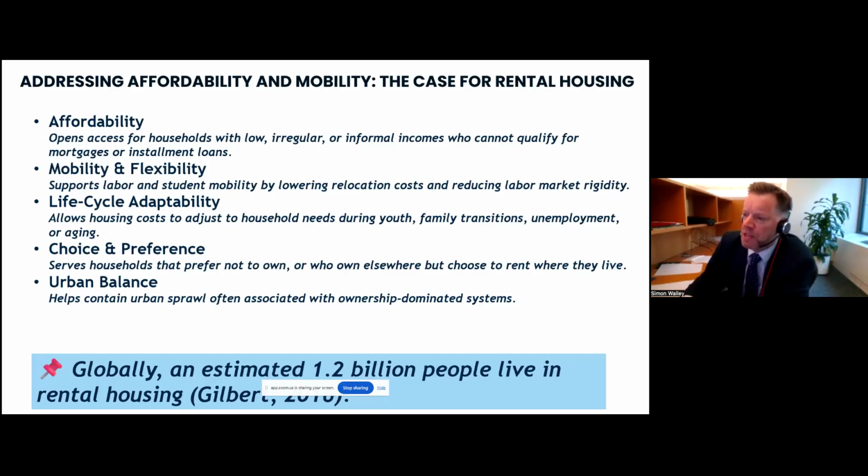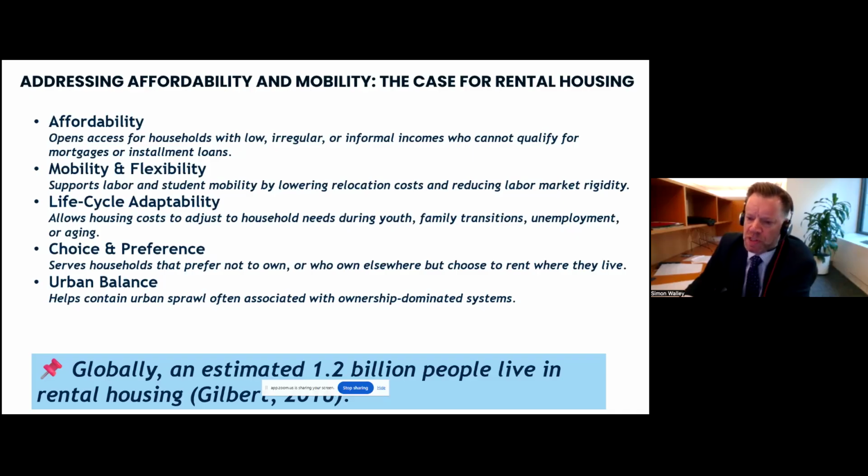As I said, firstly, it's affordability. You have lower payments. You don't have the big down payment requirements. You don't have to go through the same sort of credit checks that you might be required to for a mortgage loan. It's a more flexible solution, particularly if you're moving to a job, but you're not sure how long the job's going to be.